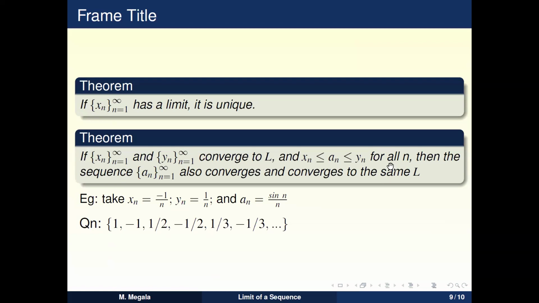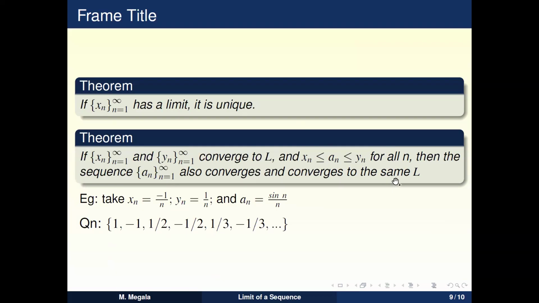Even if we have this inequality only after the 100th stage, the result holds. Then the sequence an also converges, and converges to the same L.